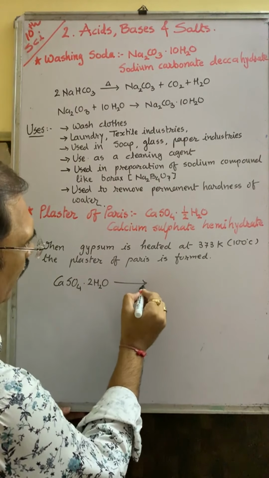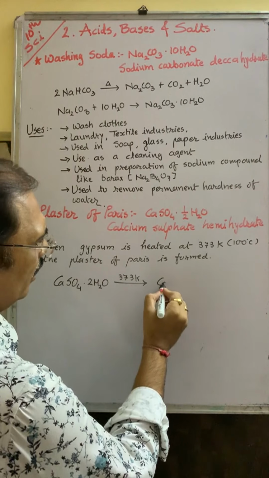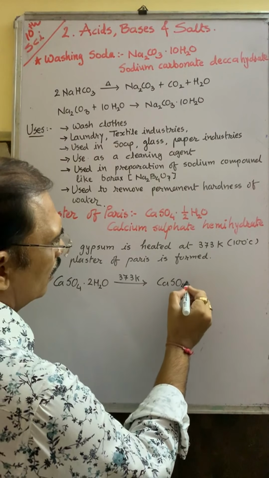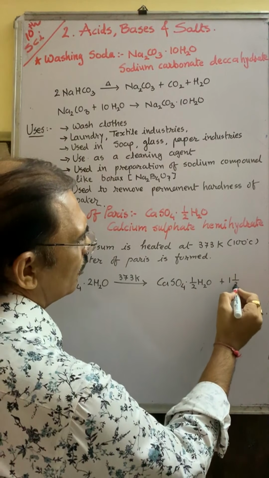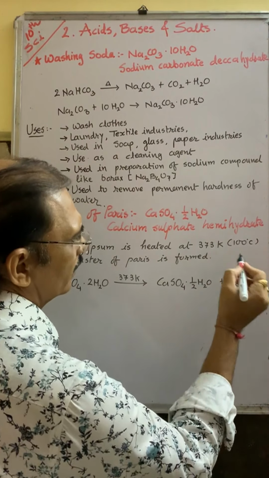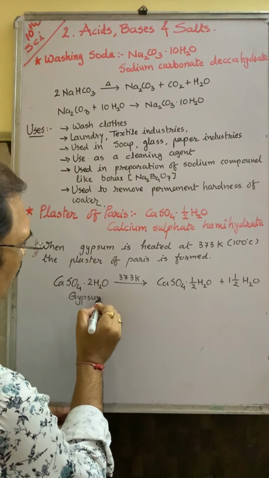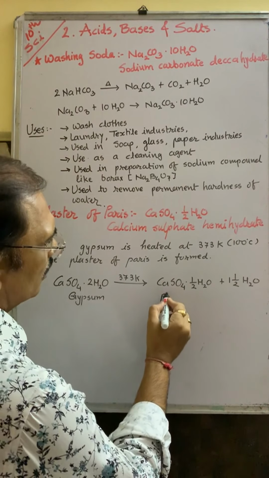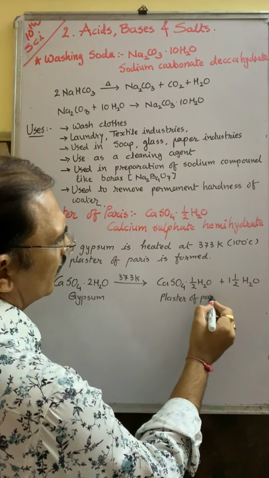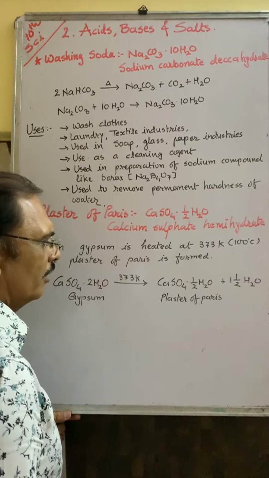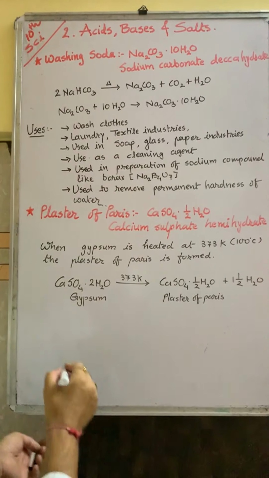When it is heated at 373 Kelvin temperature, it forms CaSO4·½H2O. So the remaining 1.5 H2O is released. This is called gypsum. This is called plaster of Paris, calcium sulfate hemihydrate. Okay.